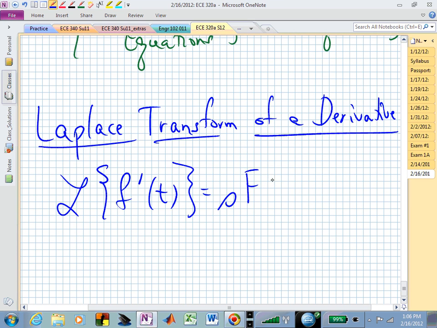Well, that actually ends up being something fairly straightforward. If you didn't like to differentiate functions or waveforms, now all you have to do in the frequency domain is multiply by an s the Laplace transform of the original waveform f of t. And you need to account for initial conditions if that particular waveform has a non-zero initial condition. Again, these are one-sided Laplace transforms that we're talking about.